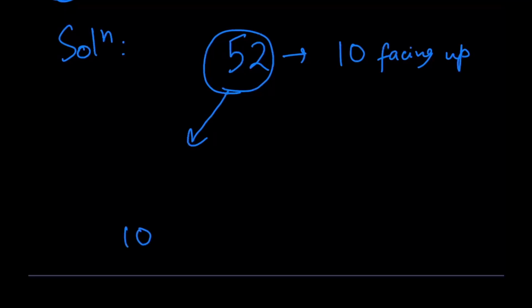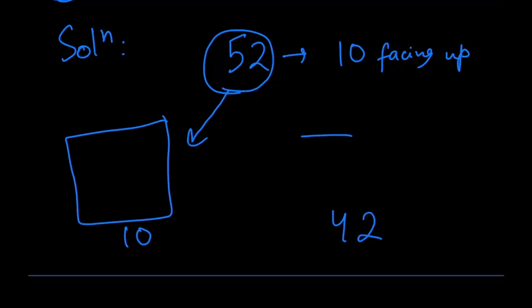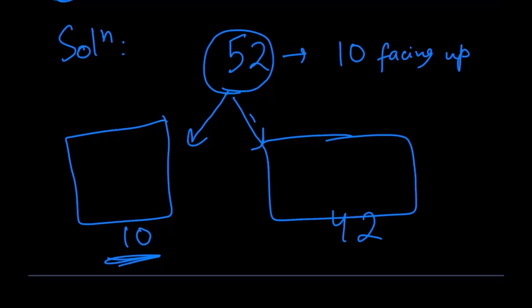So now I have 10 cards over here and 42 cards over here. Now, let's say among these 10 cards that I've taken out, there are X cards facing up. Now, what are the constraints on X? Well, X can be somewhere from 0 all the way up to 10.